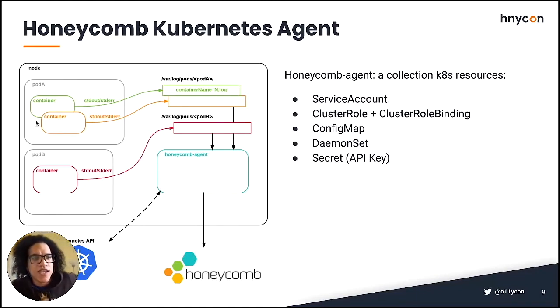And this is just a chart here, lifted directly from the Honeycomb Kubernetes Agent GitHub. This goes over how the log files are stored and shipped out to the agent. So you can see a pod, a collection of containers. They're just recording standard out, and then it's being logged on the file system under var log pods, and then you have your pod name.